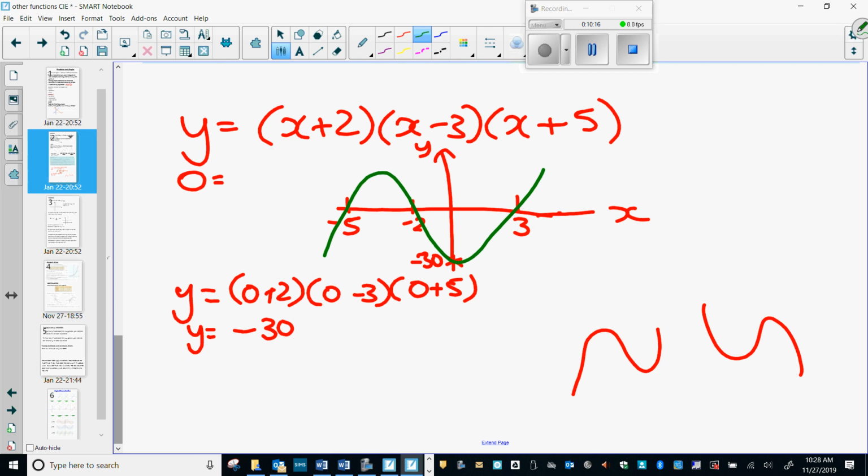And we've shown that we know it's a positive cubic graph. Now that's a real whirlwind look at cubic graphs. Are we okay with that? Getting a lot of yes.